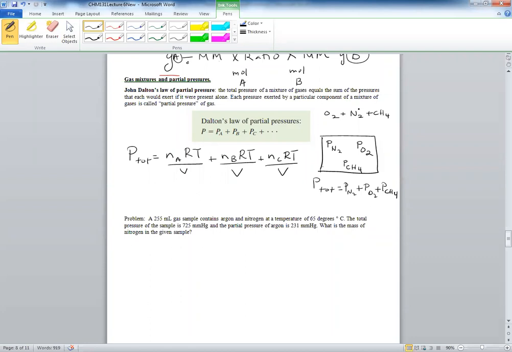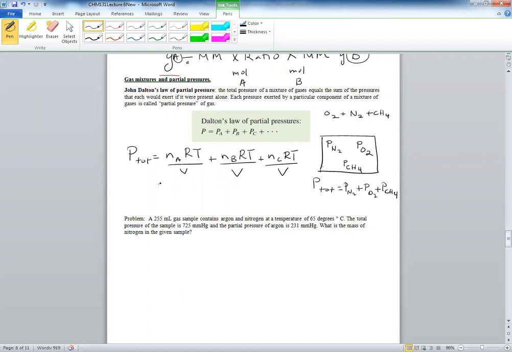Each gas doesn't have its own volume. It's all in that same volume. The same thing with the temperature. You hold it at room temperature. It's impossible to hold each gas at its own temperature.